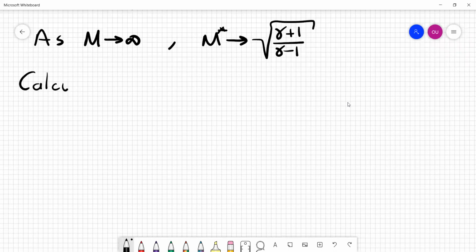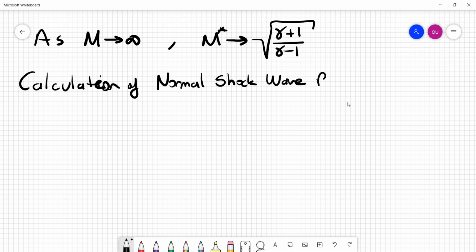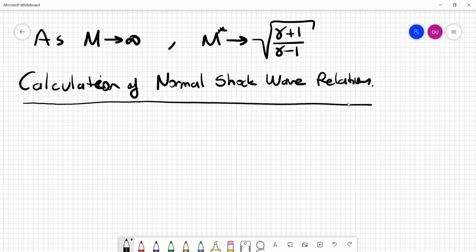We will go back to our very starting point, normal shock wave relations. If you remember, when we first started talking about shock waves, we already started doing this, except at that stage we did not have all this detailed information yet. Now we have learned it, and we will apply all this information regarding star quantities, stagnation quantities, and all that.